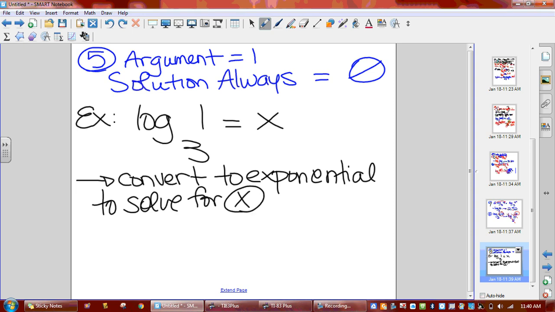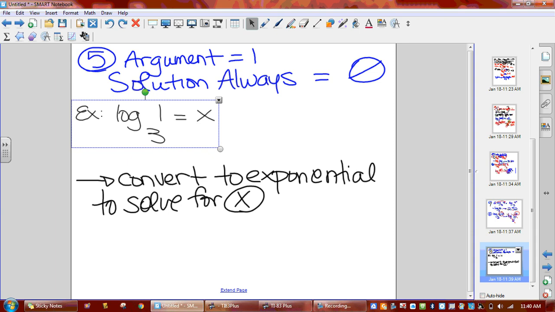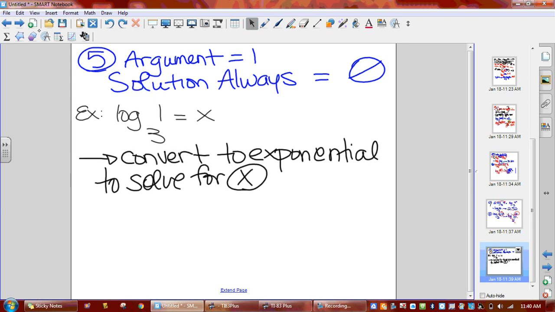To solve for the x, the x will become the exponent. So, let's just make this guy a little smaller. Move that guy up. And we're going to do exactly that. So, that gives me 3 exponent x equals 1.